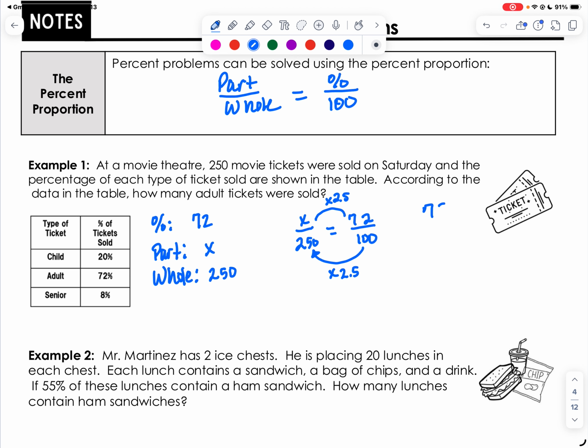So 72 times 2.5, 2 times 5 is 10, 35, 36, drop a 0, 2 times 2 is 4, 2 times 7 is 14, so add this up, 18.